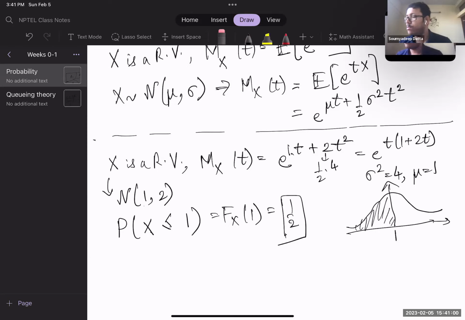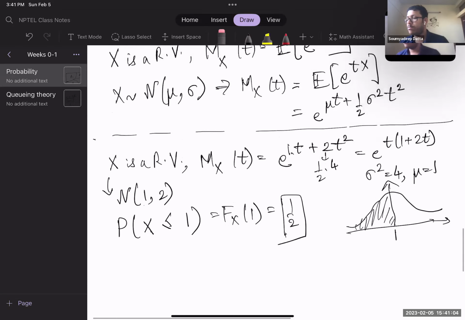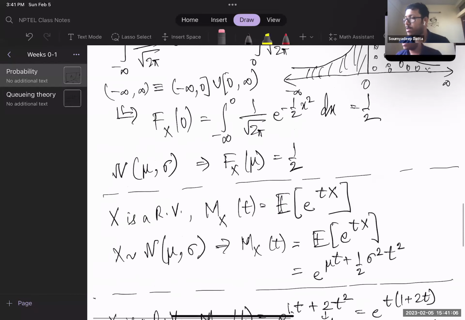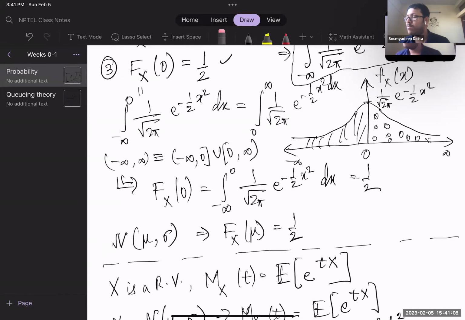It's almost unsolvable, because how will you integrate this kind of function, e to the power minus half x square? How will you solve this integration normally? You can try substitution, you can try n number of things. Ultimately, you can solve this integration without knowing the probability formula, but then you will need to go to complex analysis and those kind of things, which even I have forgotten.